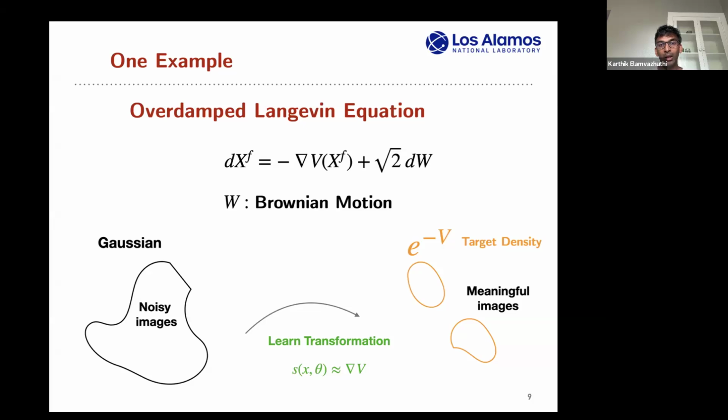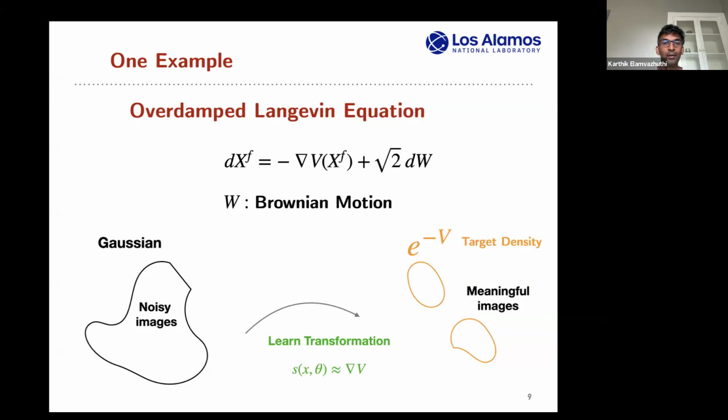The Langevin equation is nothing but doing gradient descent down a potential, this potential being described by this function V here, and you perturb it with noise. The unknown here is this potential V, which depends on the data, and that's what we're trying to learn.